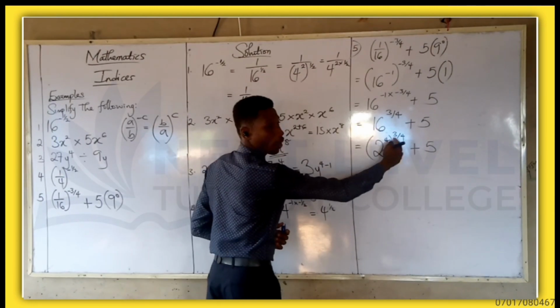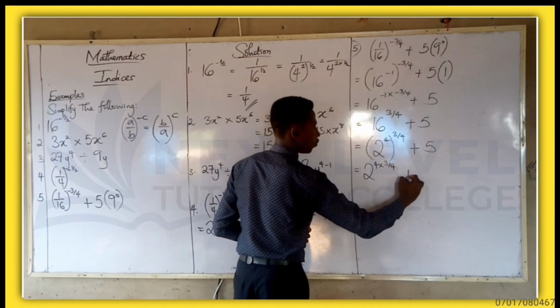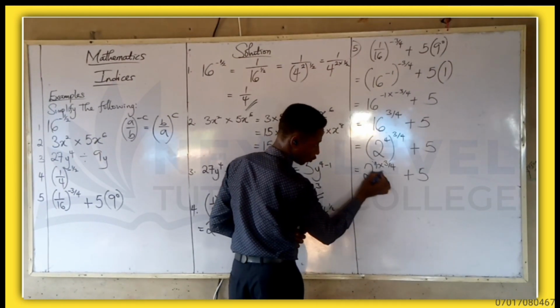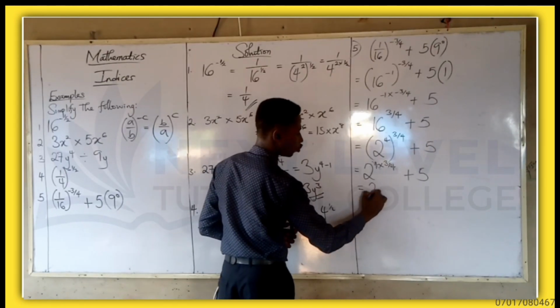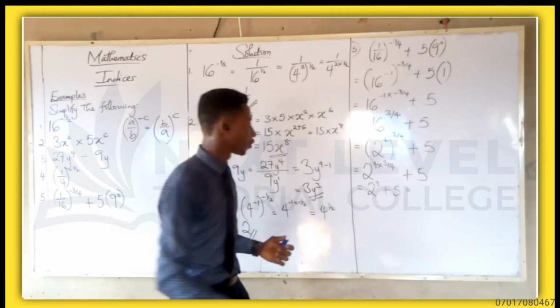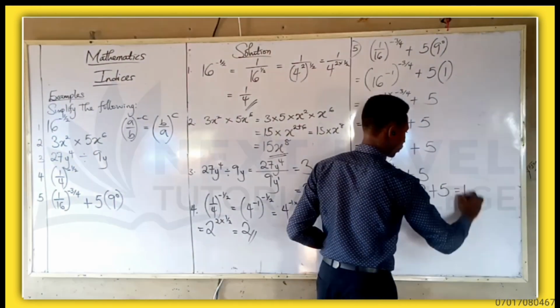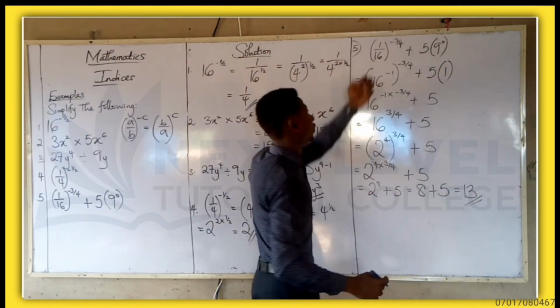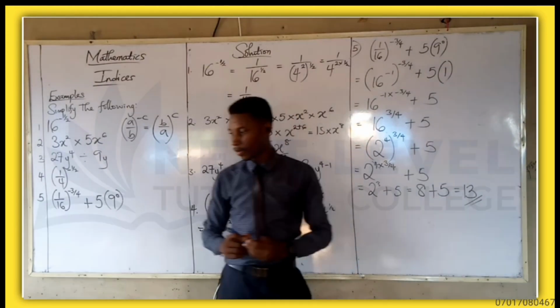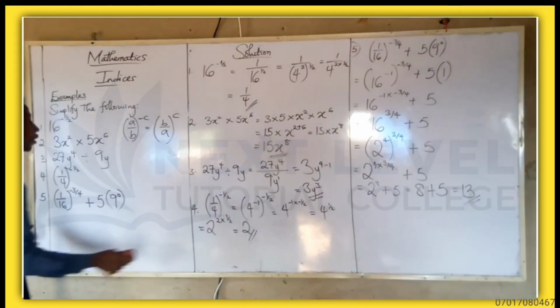So multiply these two powers and we have 2 raised to power 4 times 3 over 4 plus 5. We multiply this, 4 can cancel 4. So we have 2 raised to power 3 plus 5. 2 raised to power 3 is 2 times 2 times 2, and that is 8 plus 5. And the answer is 13. See the question, see the answer.